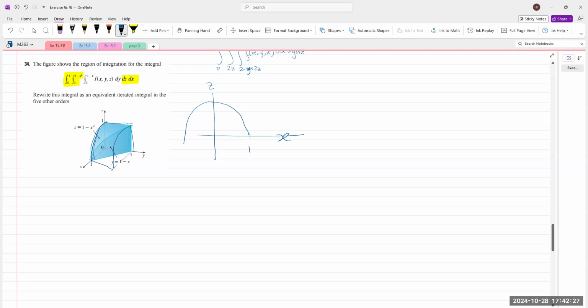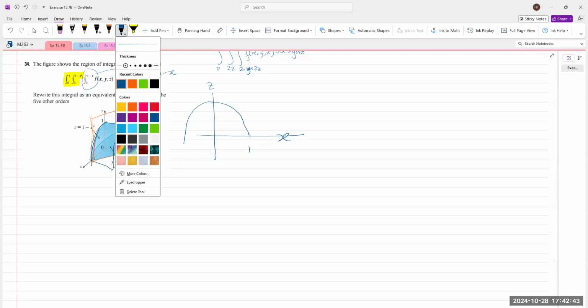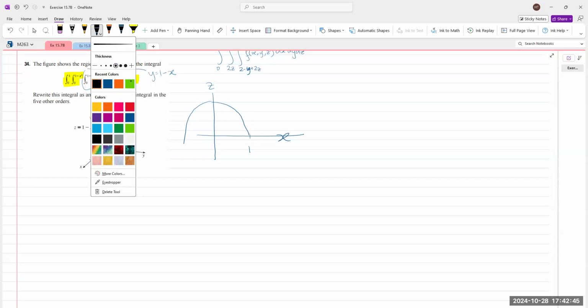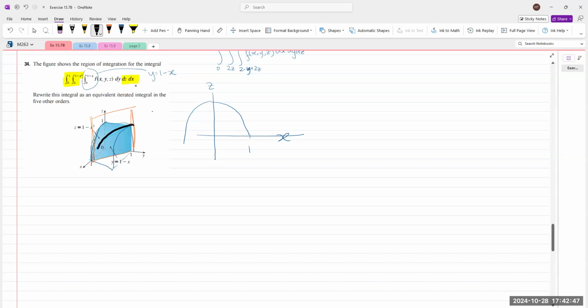And then it is being cut by y equals 1 minus x, so it's being cut by this plane. Imagine if you cut it by that plane, you get this intersection of that slanted plane and the cylinder. Does it make sense right now?